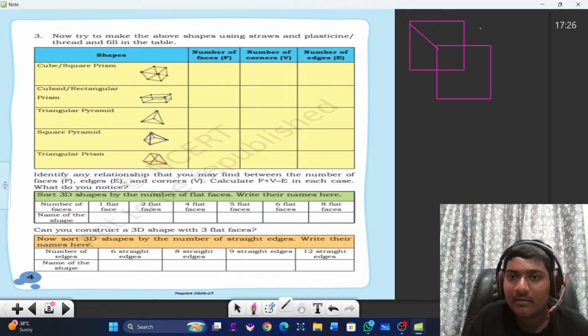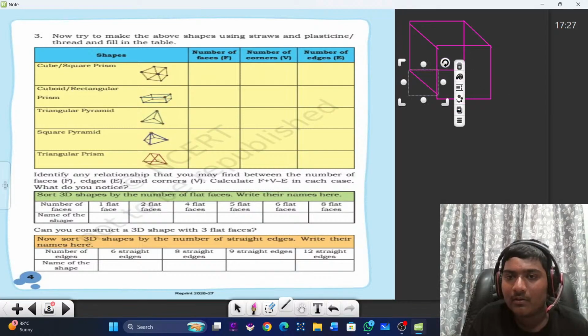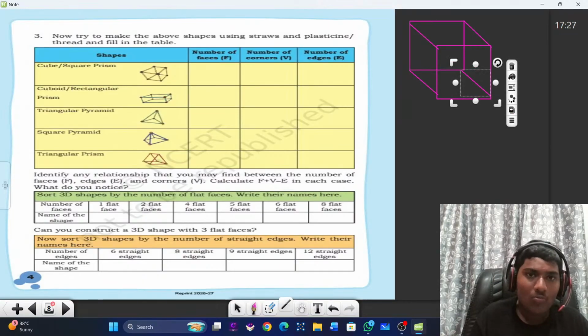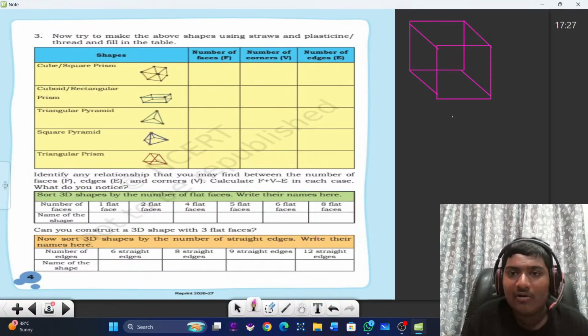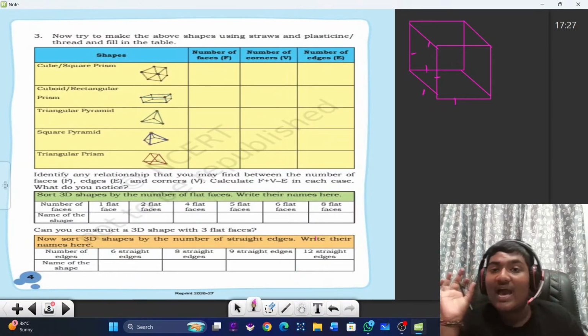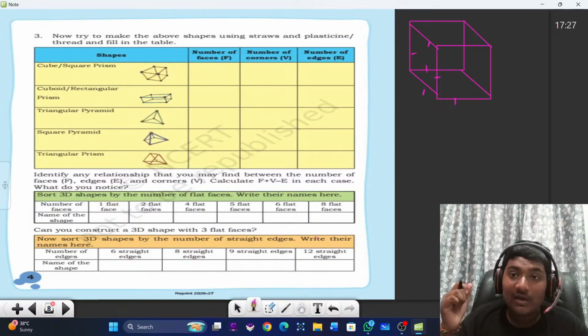One, two, three, four. So the number of faces we have, let me explain to you. One, two, three, four, five, six. So we have six faces. Six inside one we have to count.